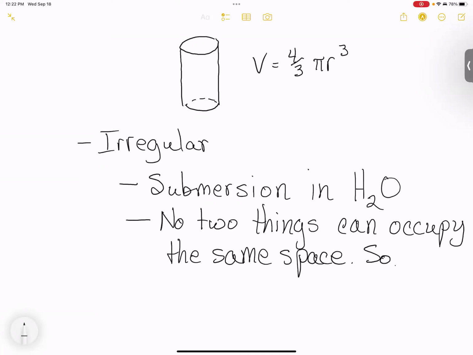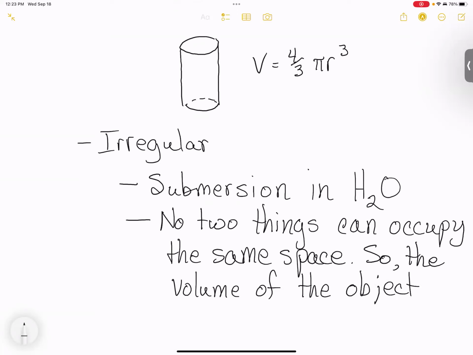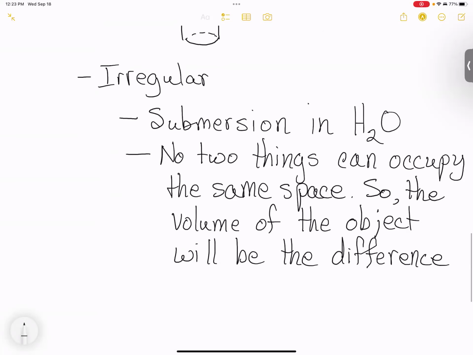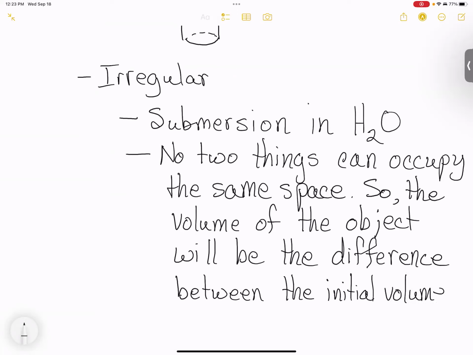So the volume of the object will be the difference between the initial volume of water and the final volume of water.